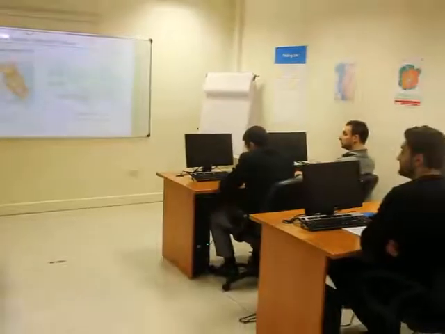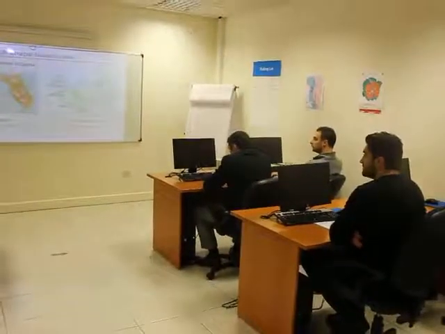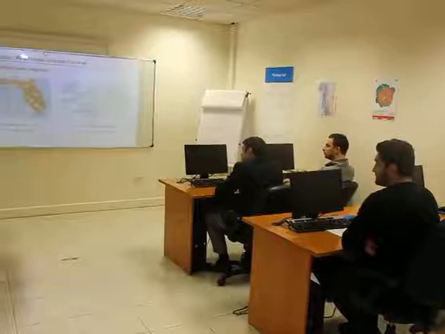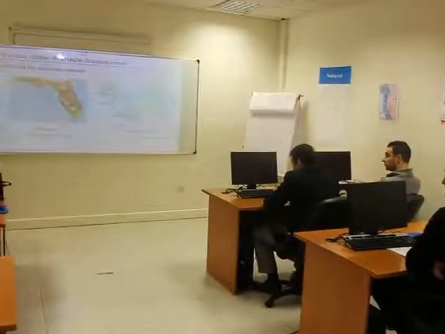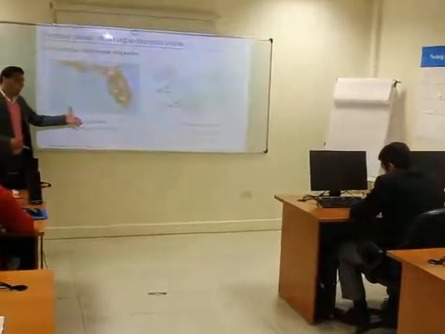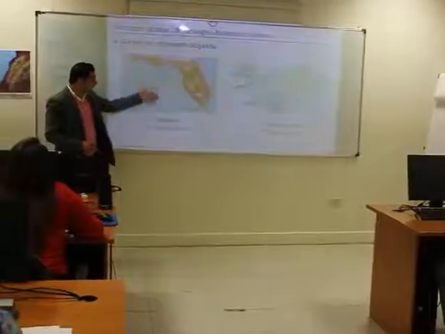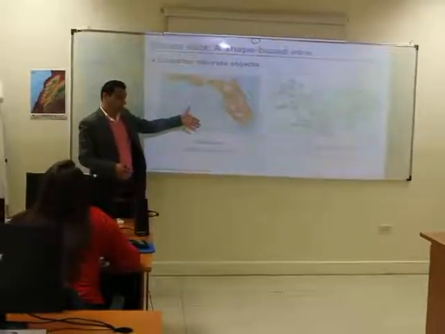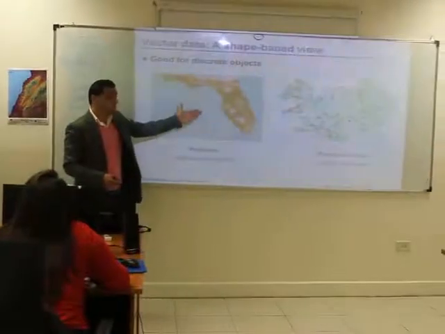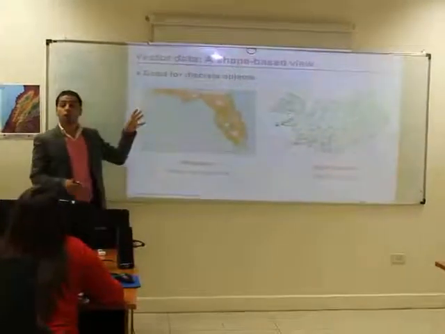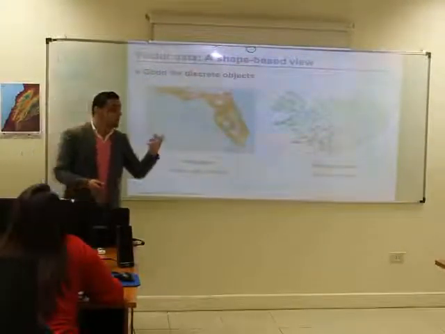So, vector data is good for representing discrete objects to get more accuracy in the data. For example here, polygons: I can represent the states and counties as polygon features. So, vector data is good for representing man-made features.